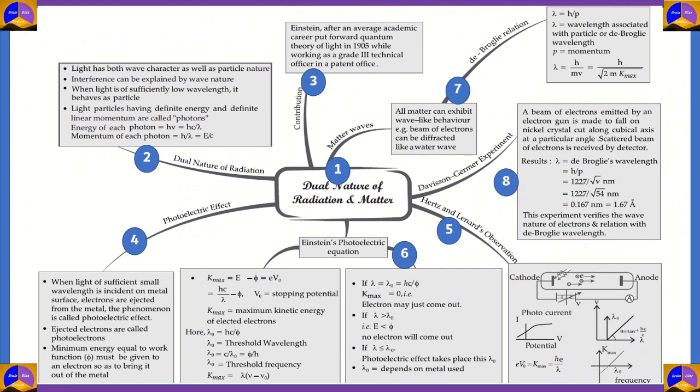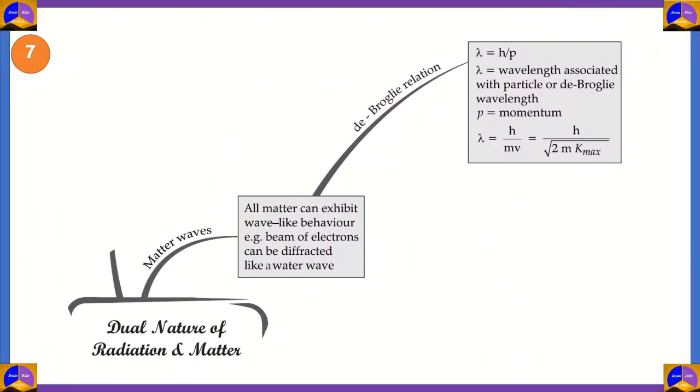So now we've studied about the dual nature of radiation and the photoelectric effect. Let's look at what are matter waves. So we've talked about radiation, now let's talk about matter. Matter also can be expressed in the form of waves, and these are called matter waves. All matter can exhibit wave-like behavior.